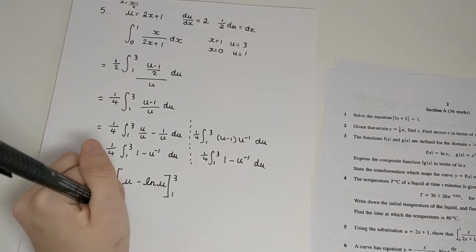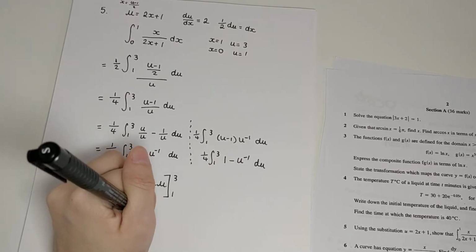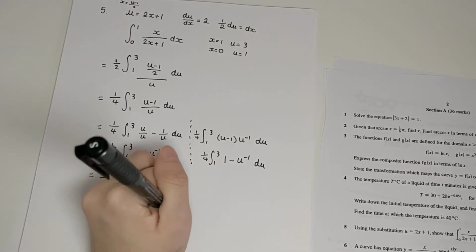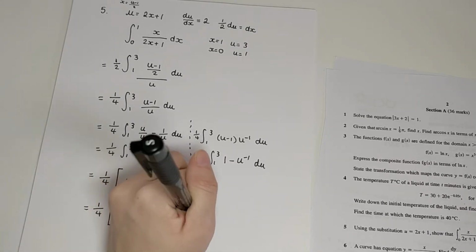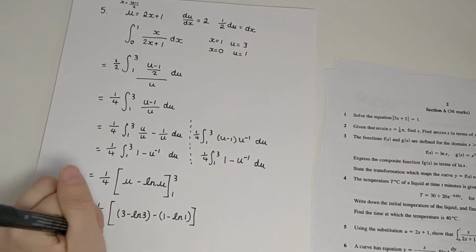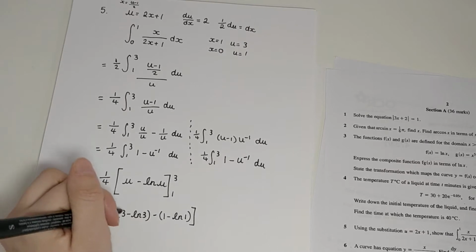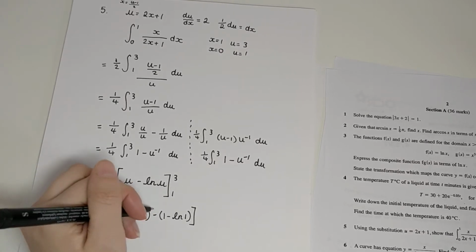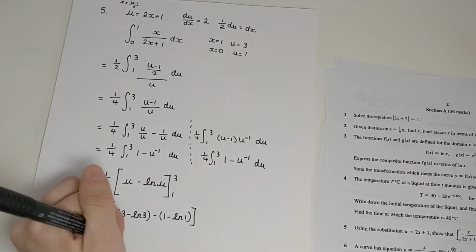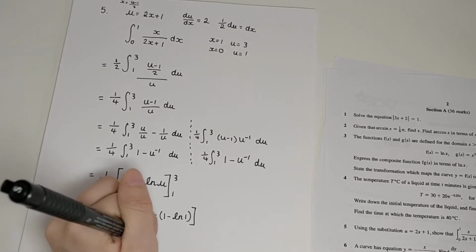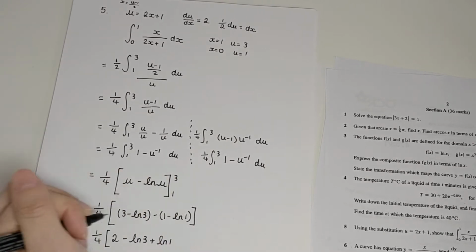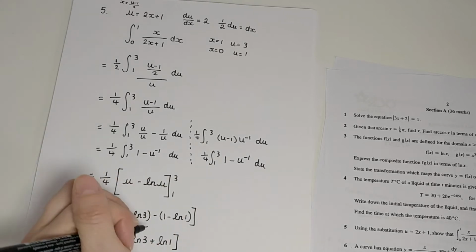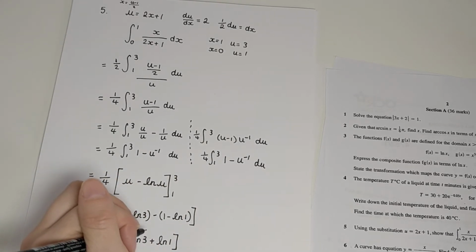Okay, so this is 3 minus log 3 minus 1 minus log 1. 3 take away 1 is 2, minus log 3 plus log 1. I can't really do anything with that at the moment. Okay.